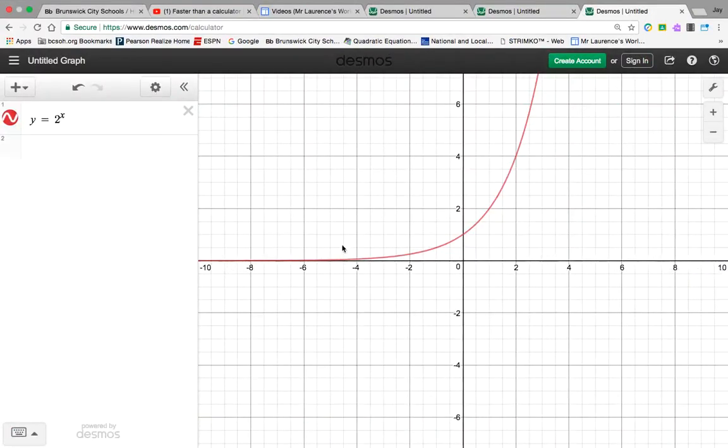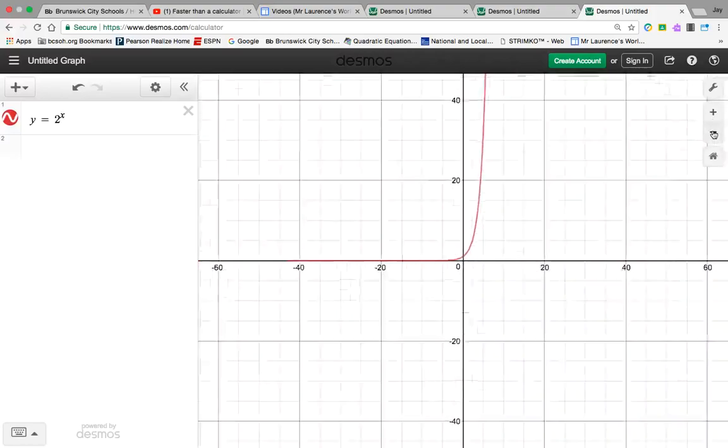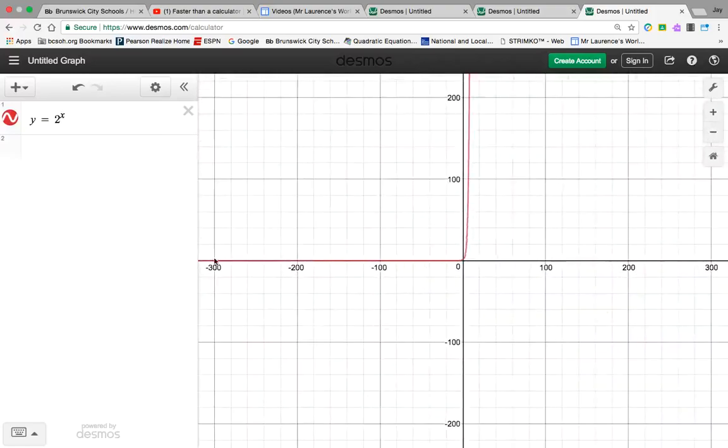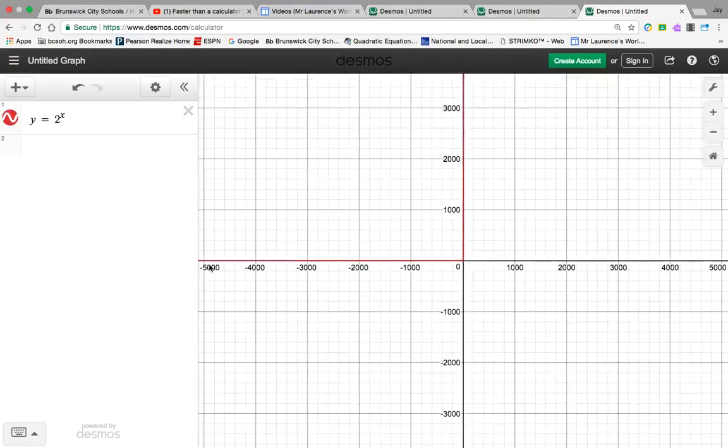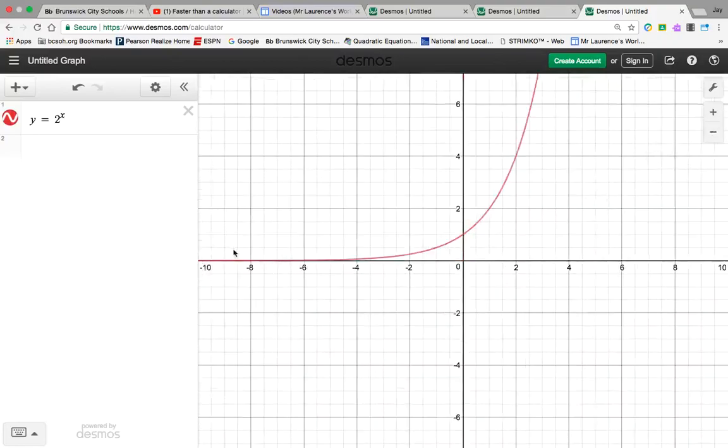Well, we can obviously see that x can be -10 or -8 or -6. Can x be a much smaller number like -100? Well, zooming out will show that sure enough it can. Look, there's -300 turning red, right? And we can go out and out and out, and we're at -5,000. So we can assume that this graph is going to continue this way forever.